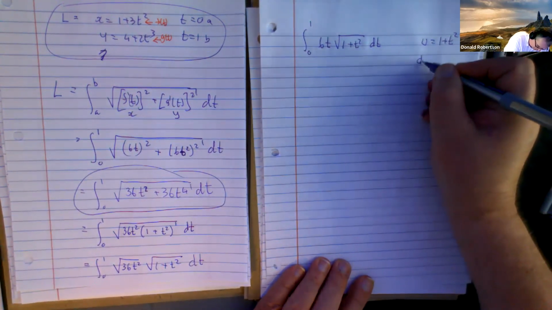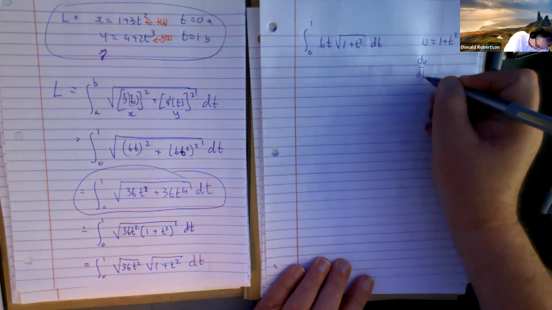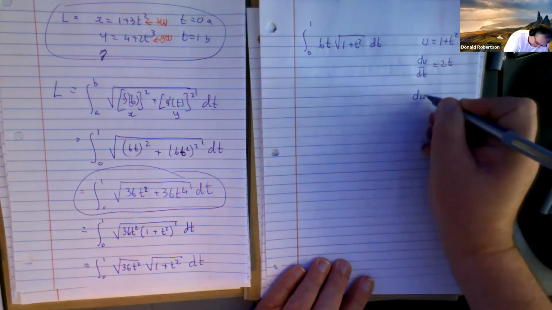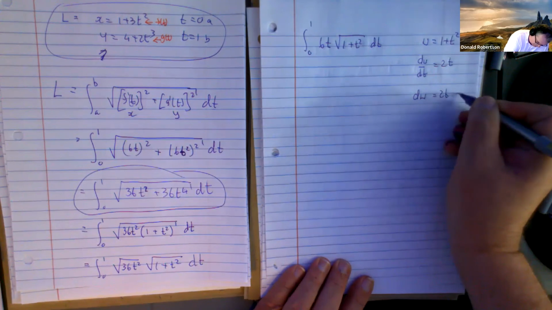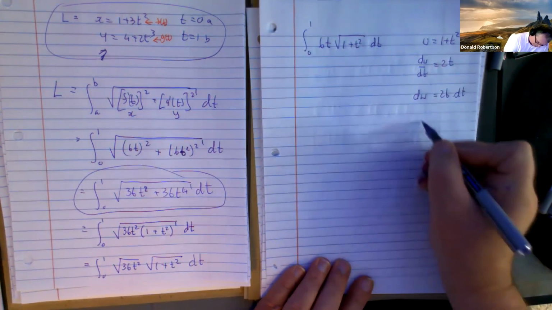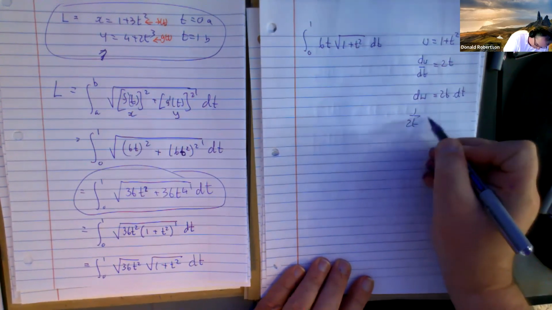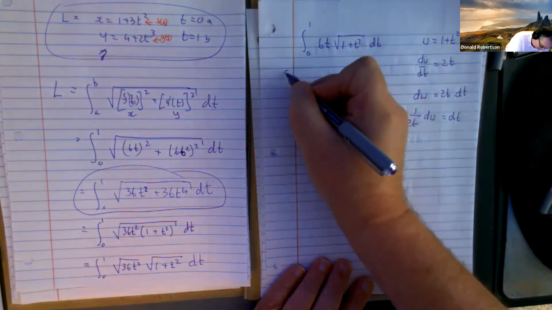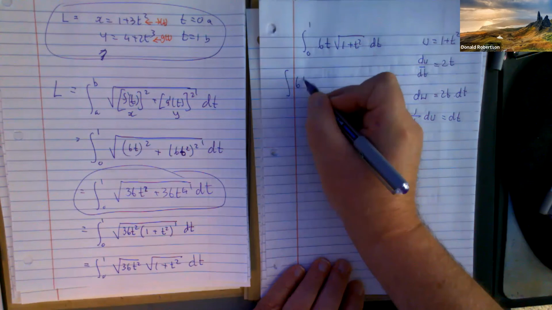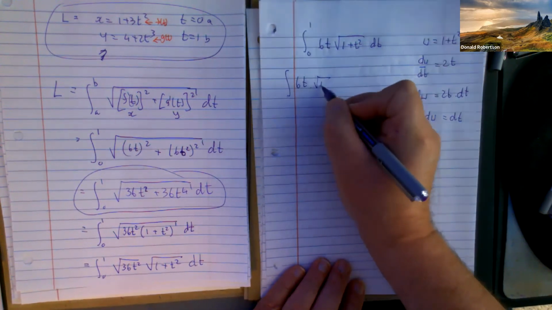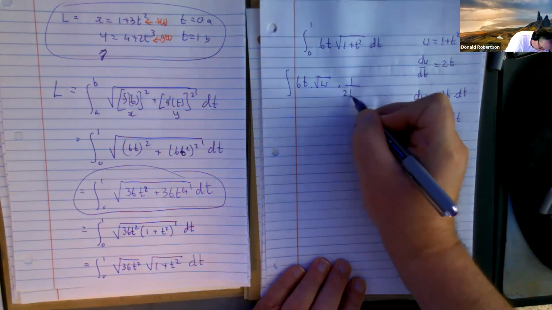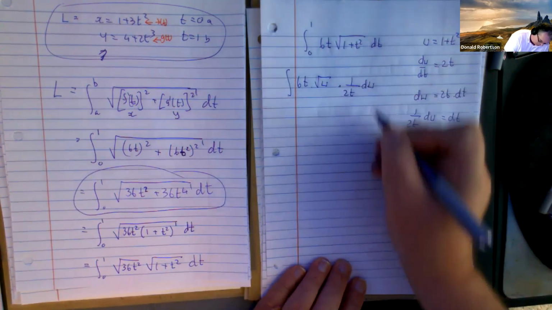So if you differentiate that with respect to t, you get 2t. Do what I call the crossover, and then divide both sides by 2t to isolate the dt. So this integral now becomes 6t, the square root of u. The dt becomes 1 over 2t du.